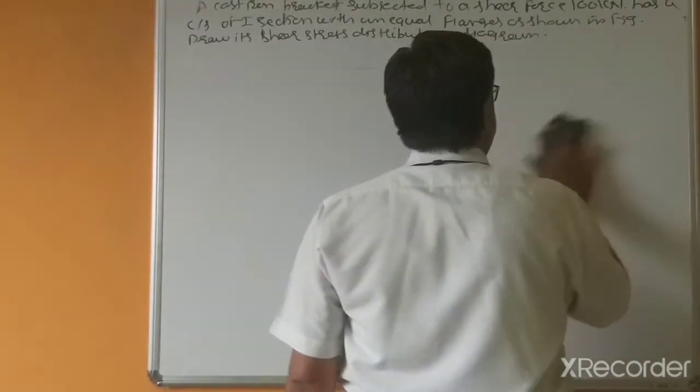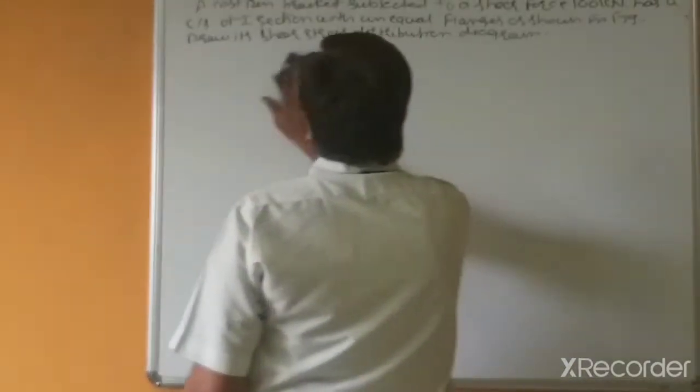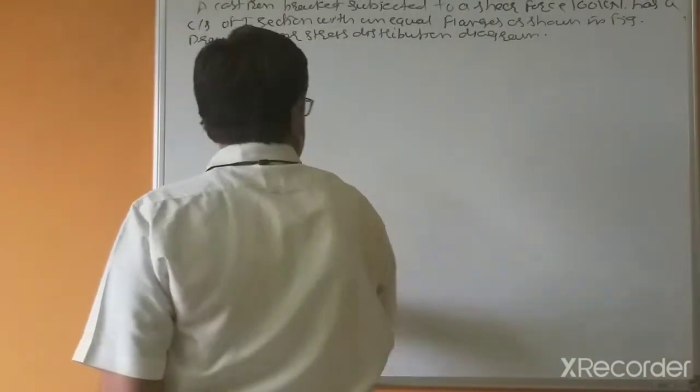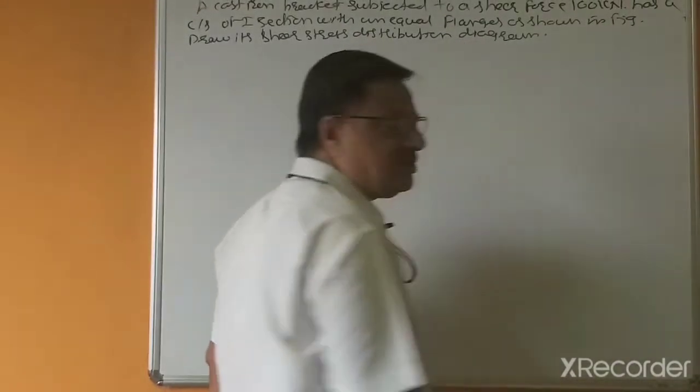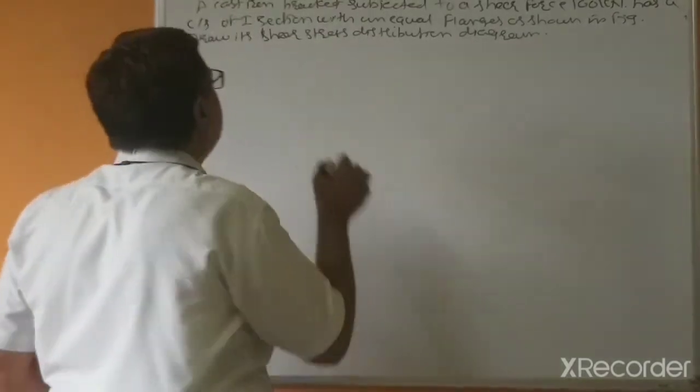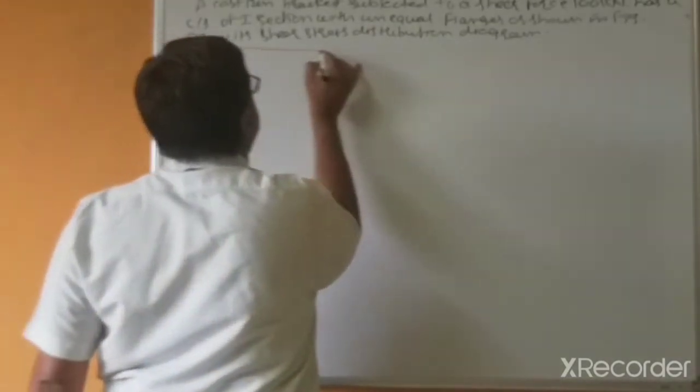So in these problems, this is an unequal I section. So where there is an abrupt change of the cross section, there you will get a different shear stress distribution diagram.